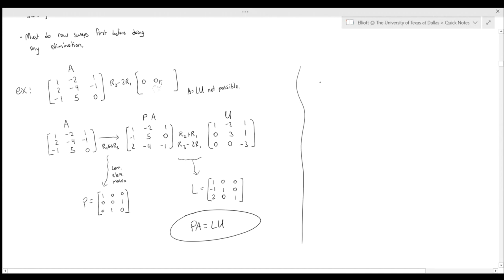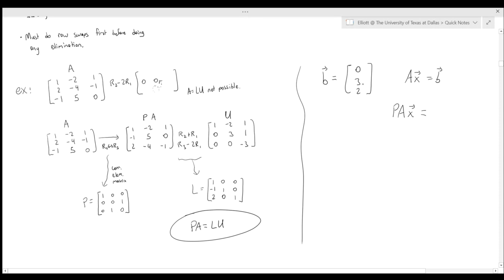All right, so let's say my B, I'll just make a vector for B, which is 0, 3, 2. And so again, I'm focusing on solving the equation AX equals B for X. Okay, so the idea is we multiply both sides by P. Now remember that multiplying by P is the same as performing this row operation.